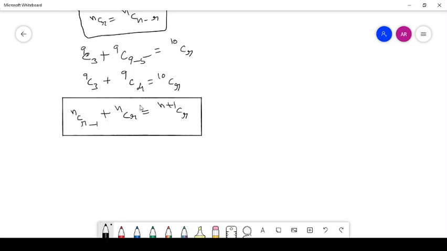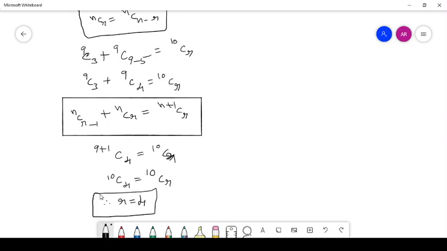And then the result is (n plus 1)Cr, which can be written as (9 plus 1)C4 is equal to 10Cr. 9 plus 1 is 10. 10C4 is equal to 10Cr. Comparing the two terms, LHS is equal to RHS, therefore r is equal to 4.